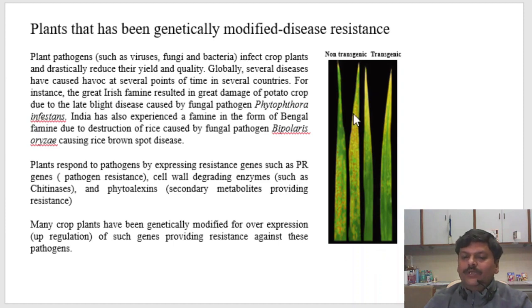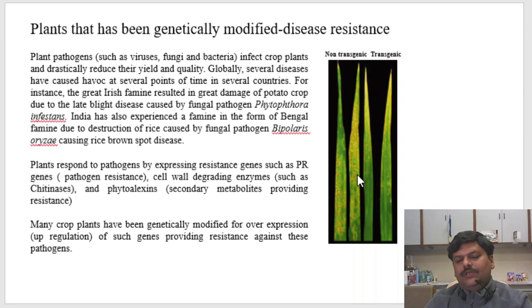On the other hand, the non-transgenic plant is heavily infected by the rust pustules. You can see these brown pustules, and rust fungi eat all the food available in the green tissues, and ultimately either the plant dies, or even if it doesn't die, it cannot produce enough grains for any beneficial yield.